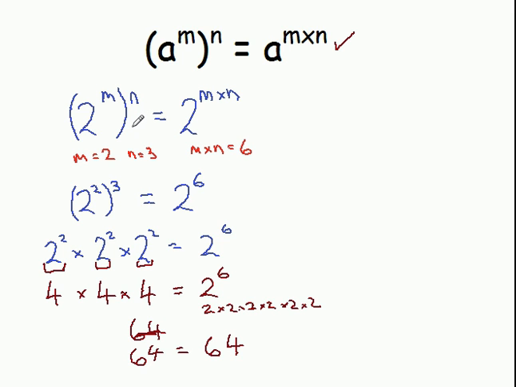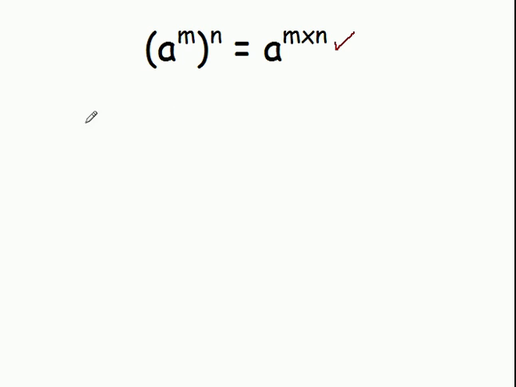Let's have a look at that with a base of 3. So just like I did before, I'm going to change the a for a 3. There. And I'm going to pick some values for m and for n. Let's make m equal to 1, and we'll make n equal to 3.